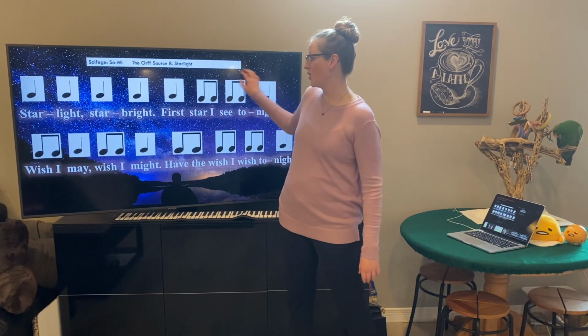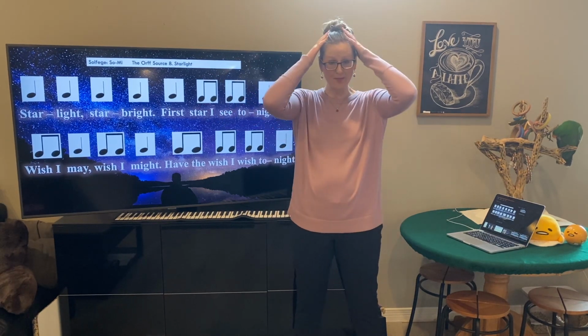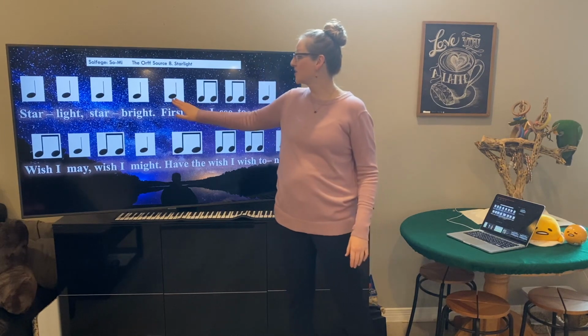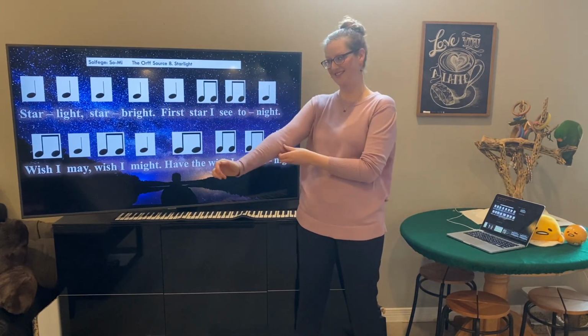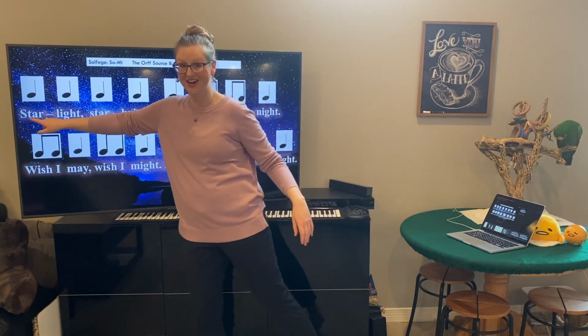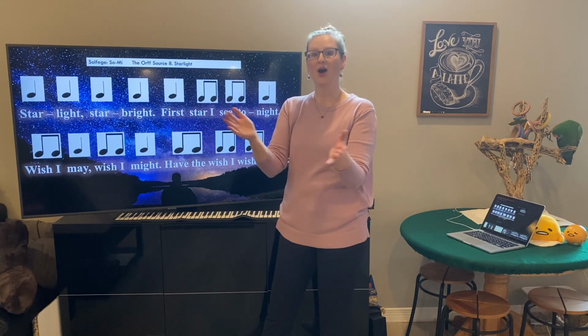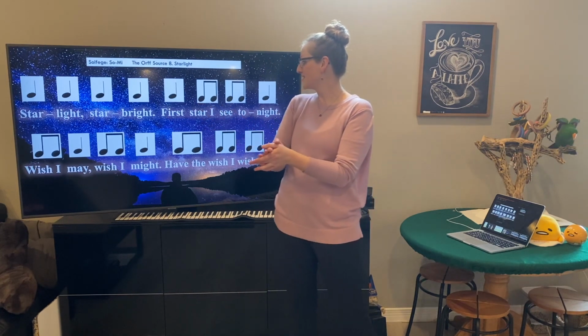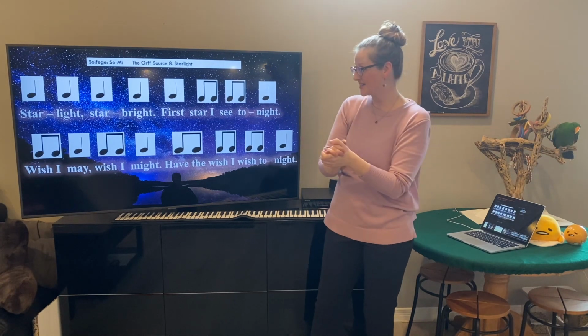Now remember, on these beamed eighth notes, we're going to tap our head. On the quarter notes, we're going to clap our hands. So don't forget. We're going to start here. Starlight, star bright, first star I see tonight.